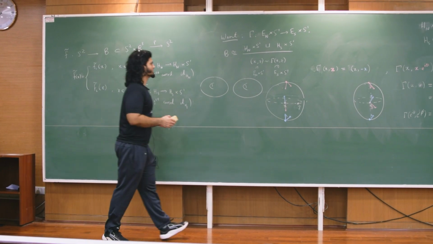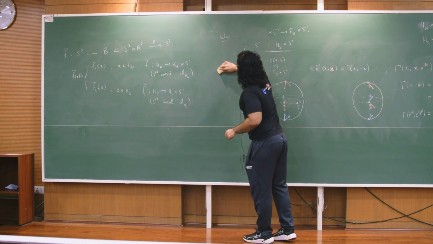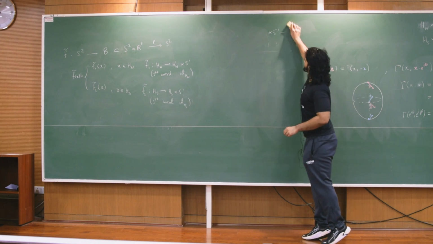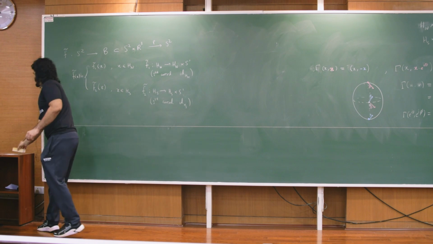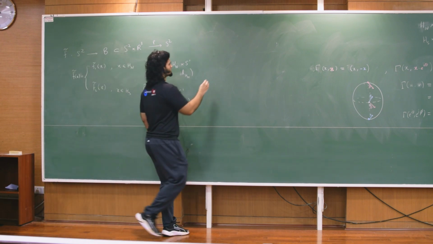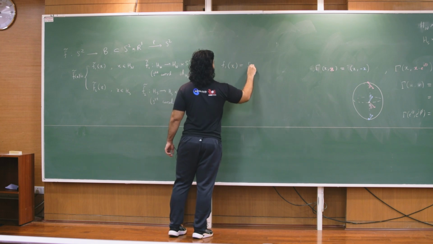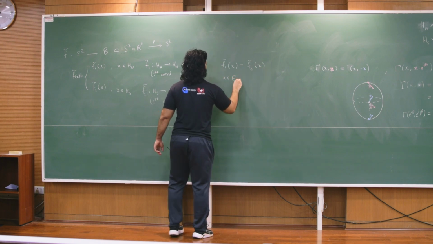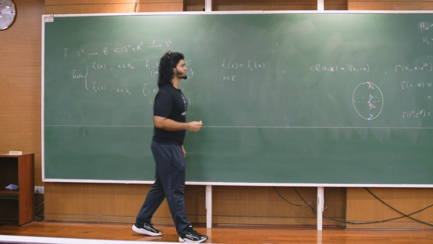F1 of some point at the boundary would be equal to F2 of the corresponding point at the other boundary. F1 tilde, so you are saying this for x in E. Okay, any other answers?